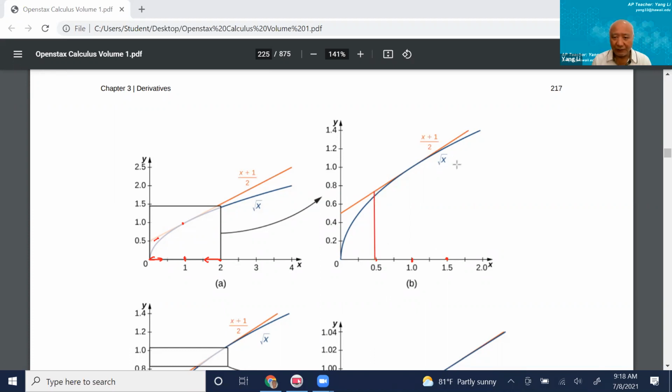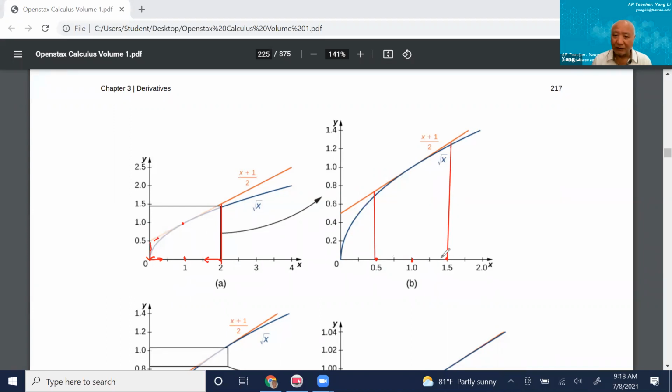You will see this part of the graph, and the gap between the straight tangent line and the curved line is a little different now, closer. Here there is more difference, more gap, but here the gap is smaller because of the interval.